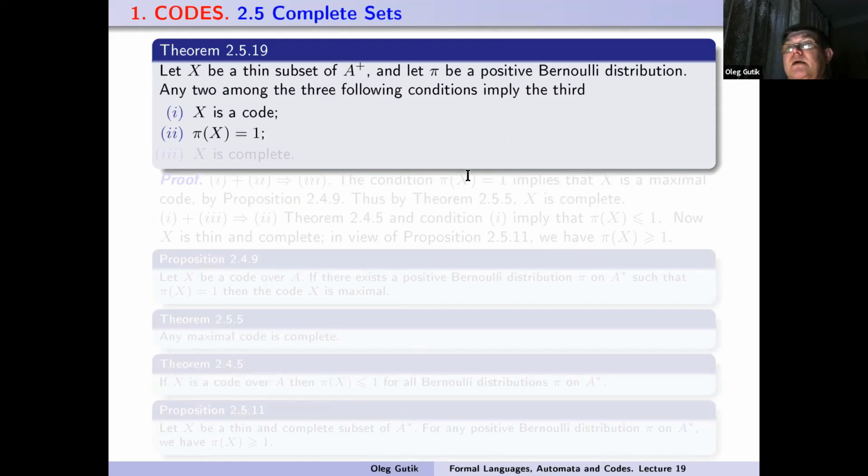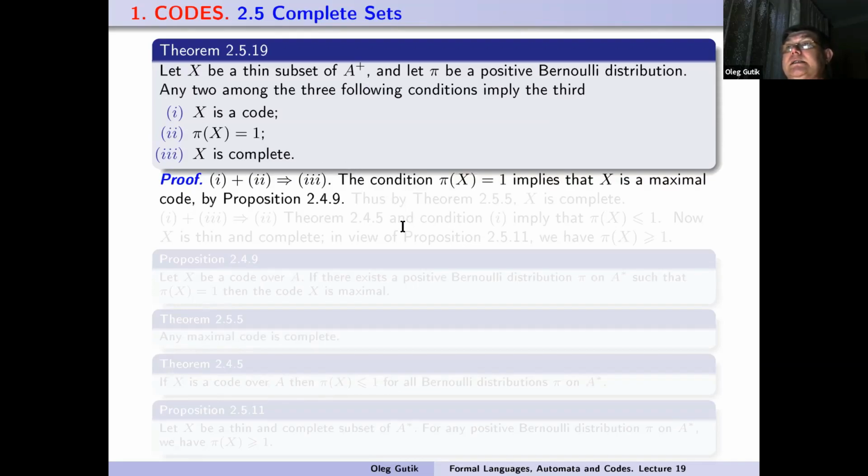The second, π of X is equal to 1, and the third, X is complete. So we show that the first 2 conditions imply the third. The condition π of X equal to 1 implies that X is a maximal code by Proposition 2.4.9.